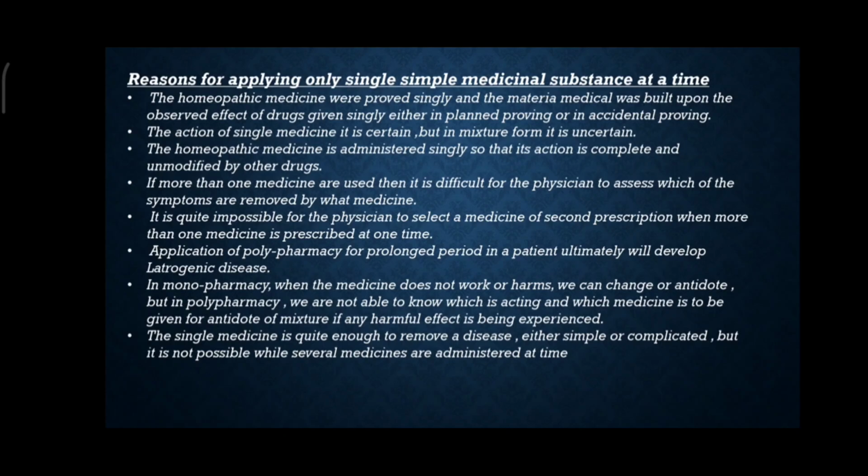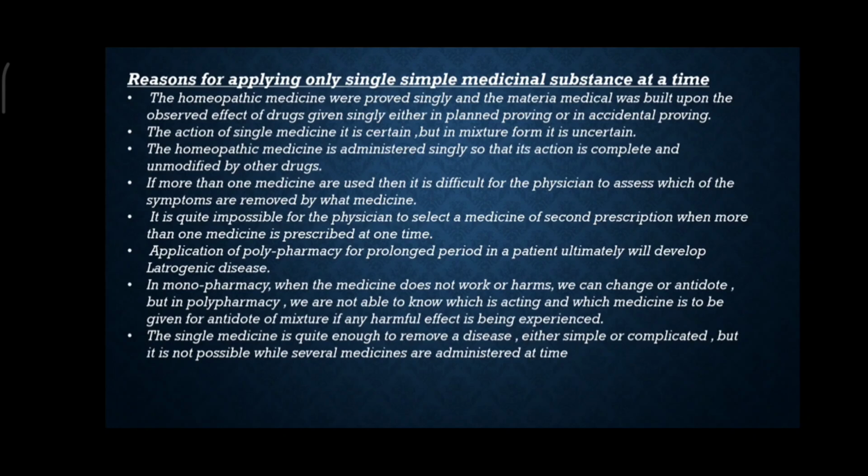Application of polypharmacy for a prolonged period in a patient will ultimately develop iatrogenic disease, which is artificial chronic disease or drug disease. In monopharmacy, when the medicine does not work or harms, we can change or antidote the medicine, but in polypharmacy, we are not able to know which is acting and which medicine is to be given for the antidote of the mixture if any harmful effect is being experienced.